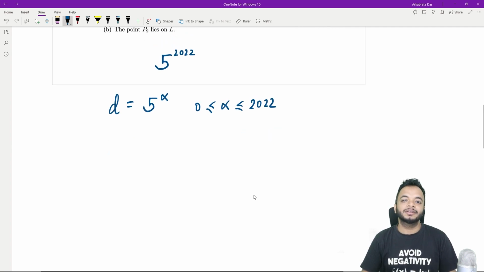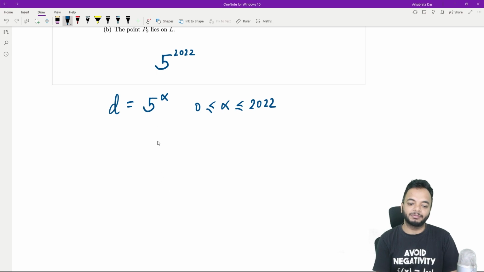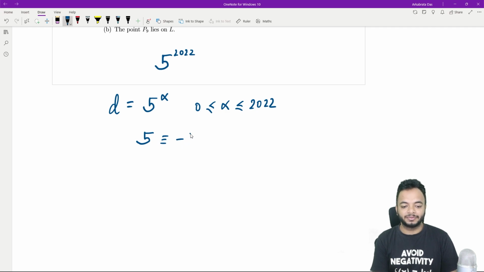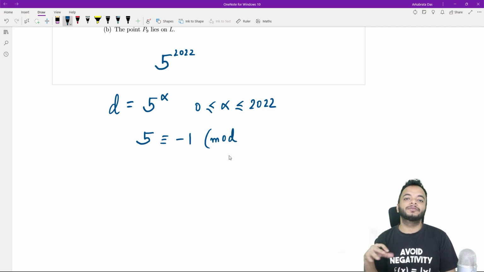Now let's figure out the 3k plus 1 or 3k minus 1 part. First of all, 5 is congruent to minus 1 modulo 3. It's better to write minus 1, as I just told you, because the divisors are of the form 5 to the power something, and to calculate the powers it is better to take minus 1 modulo 3.